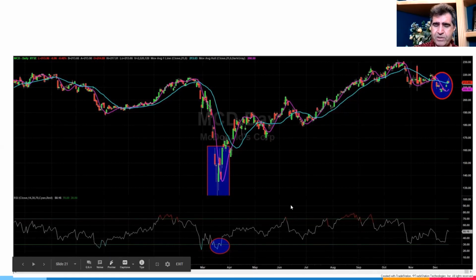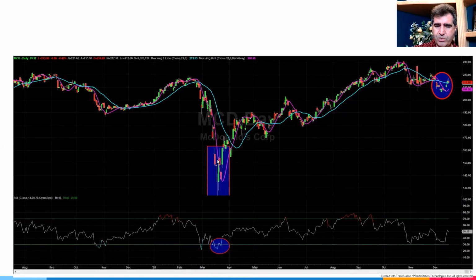I also wanted to show you what happened in March with McDonald's. As you can see, this is around March 23rd. There are 2 things I noticed. You can see these long tails. So basically, the sellers really got rejected here. And after that, once we broke above the 21-day moving average, we had a nice trend moving up.